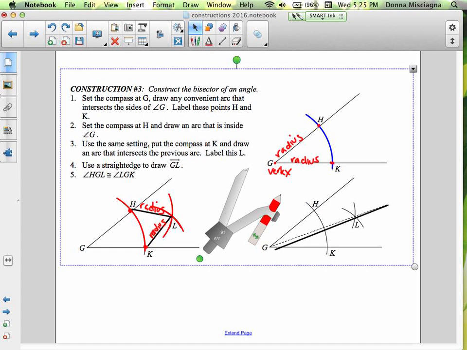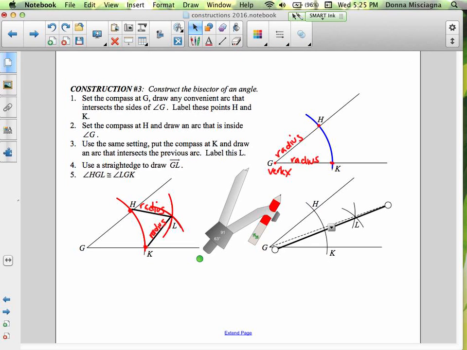I have to use a line tool, and a jumpy line tool sometimes at that. There we go. So your last step is to connect from the vertex right here to that point of intersection where those arcs intersect right there, and this is our angle bisector.